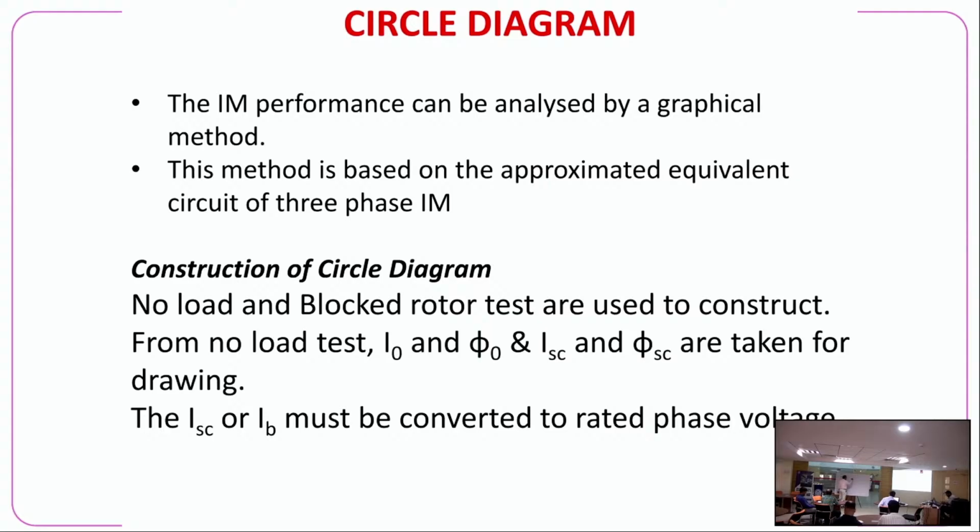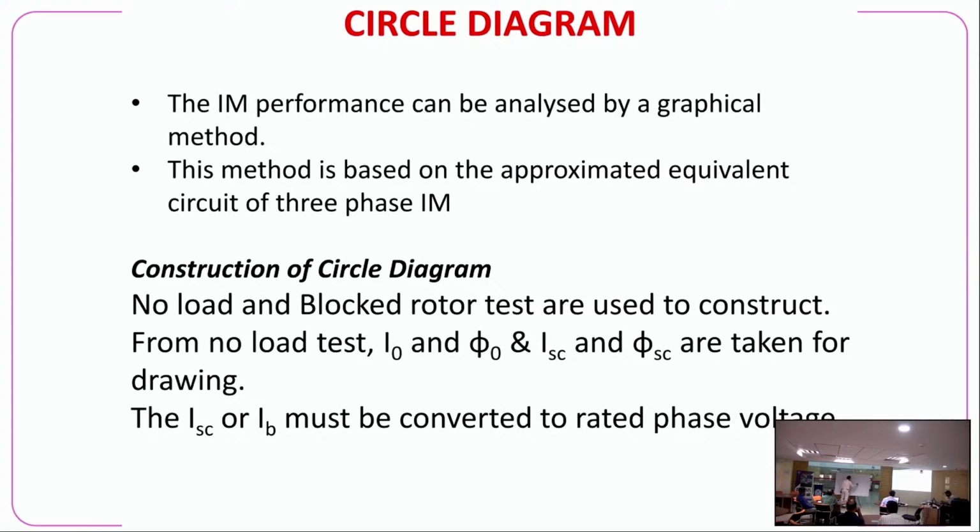The short circuit characteristic of the induction motor is like this. The x-axis is the field current and the y-axis is the short circuit current. The short circuit characteristic is a straight line. Suppose this is the full load current IFL, and to get IFL we apply this voltage, that is VSC.